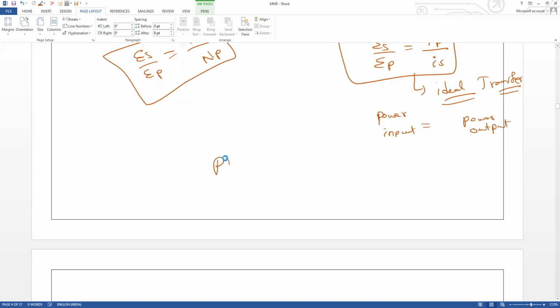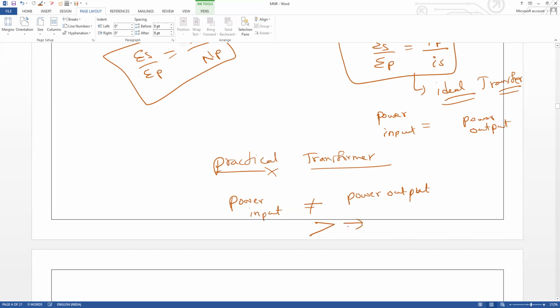But in the case of a practical transformer, please remember, power input is not equal to power output. Always remember, power input must be greater than power output, which means power output is less.